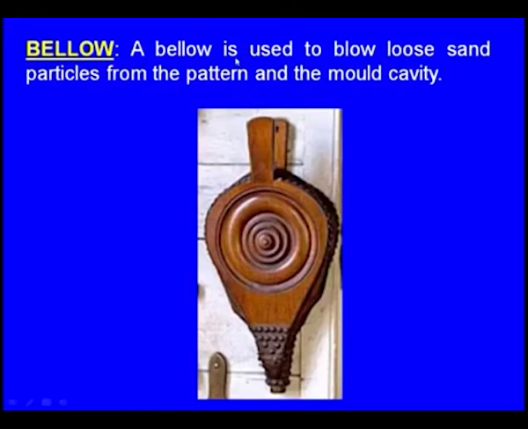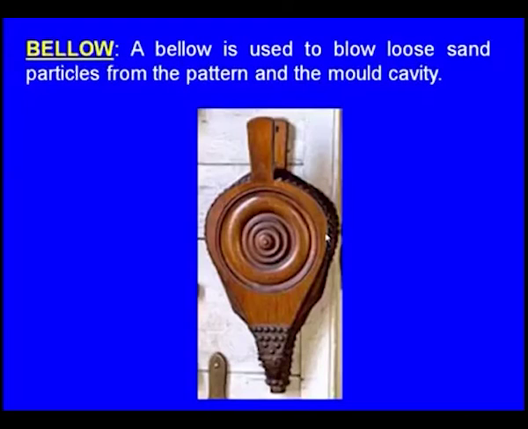Next one, bellow. A bellow is used to blow loose sand particles from the pattern and also from the mould cavity. After we make the mould and withdraw the pattern, sometimes loose sand particles will be inside the mould cavity. These should be removed very carefully.